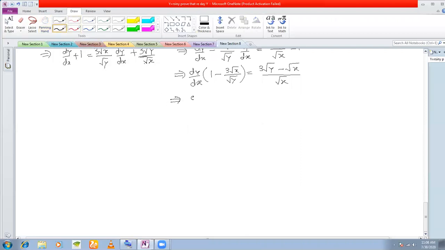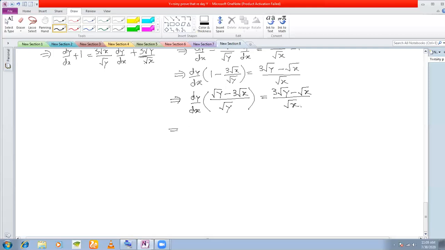Take the LCM here also: root y minus 3 root x, and 3 root y minus root x, over root x.